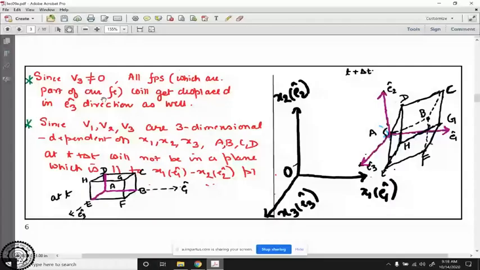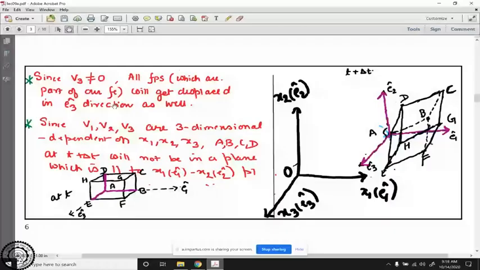A student asked about this yesterday and I addressed it then, but for the benefit of the entire class and to put in notes, I have made these statements. V3 is not equal to 0, so all fluid particles can move now in the e3 direction, which was not happening earlier.